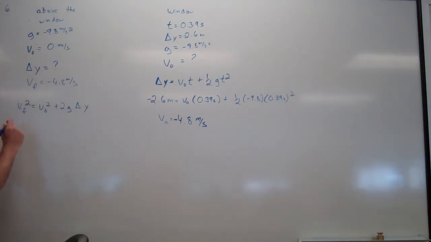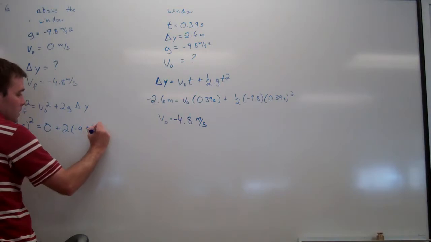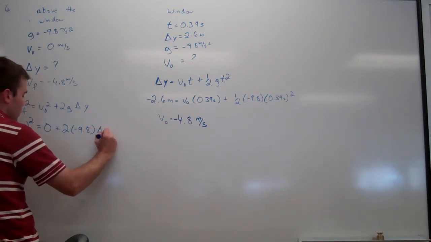Okay, so we get VF is negative 4.8 squared equals 0 plus 2 times 9.8 times delta y.